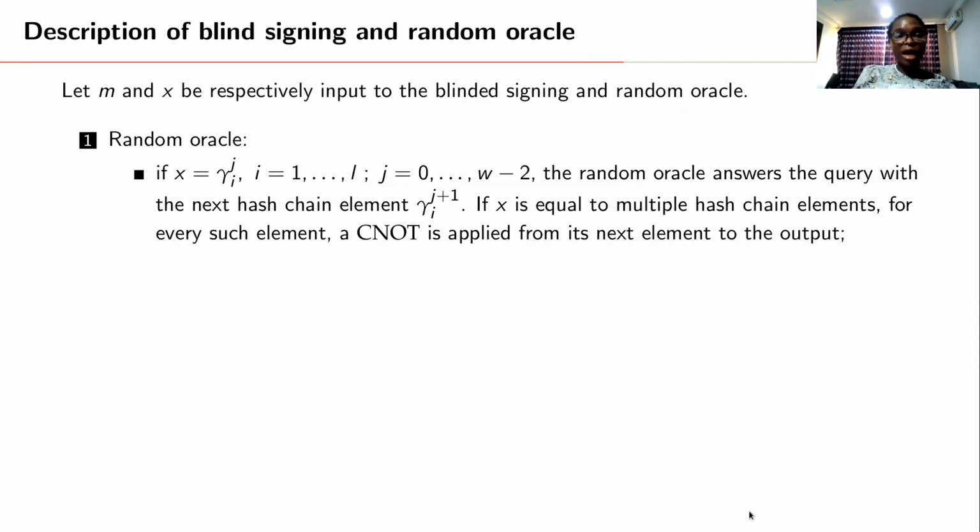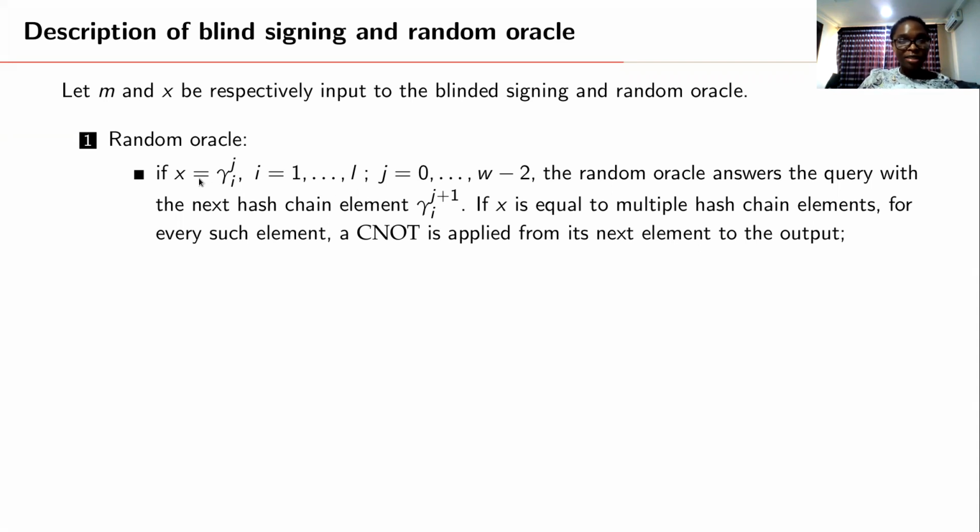Now we describe how our random oracle works. If X is the adversary's query to the random oracle, the random oracle compares X to the hash chain. If X is equal to one of the hash chain elements, say gamma_ij, then the random oracle answers the query with the next hash chain element, gamma_i(j+1).